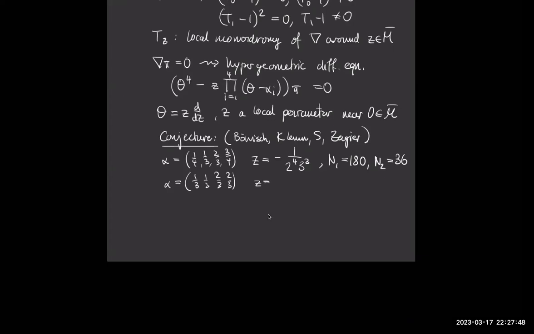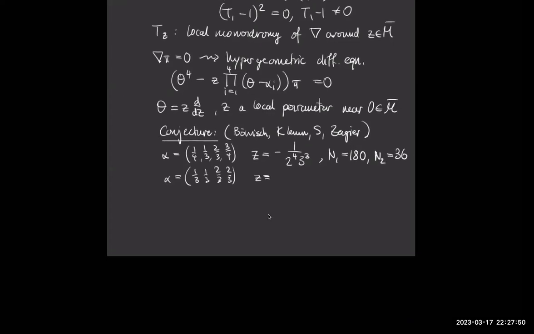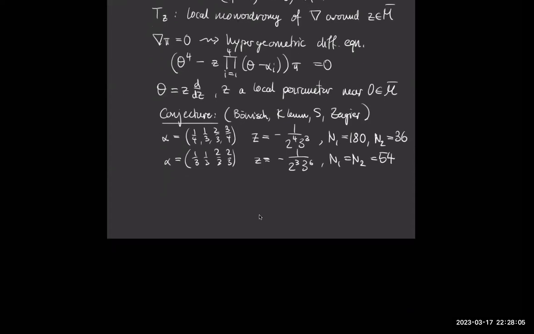So here an attractor point is at -1 over 2 to the 3, 3 to the 6, and n1, n2 are 54, and explicitly given F, G, and g.